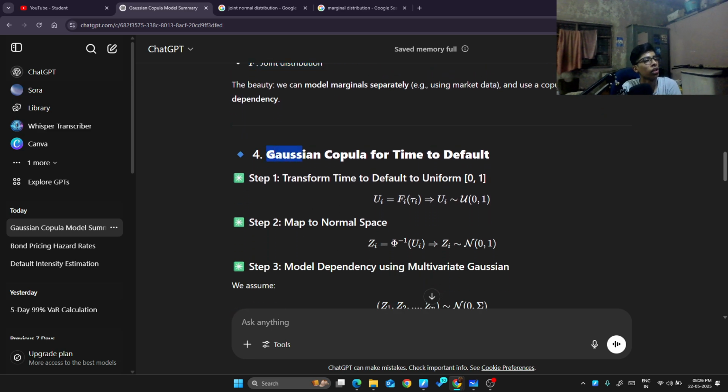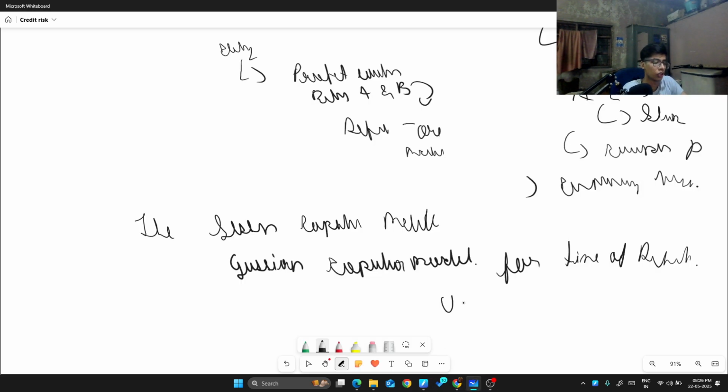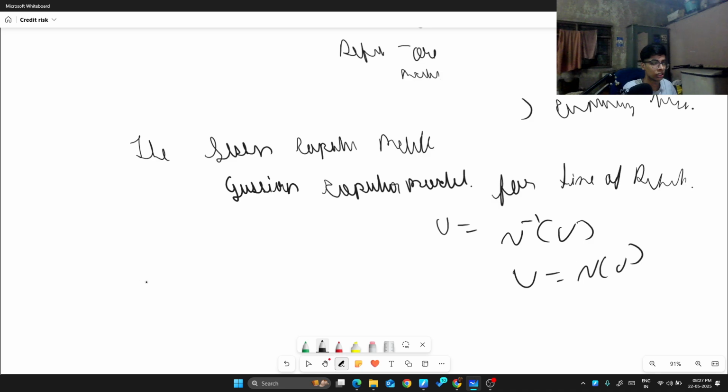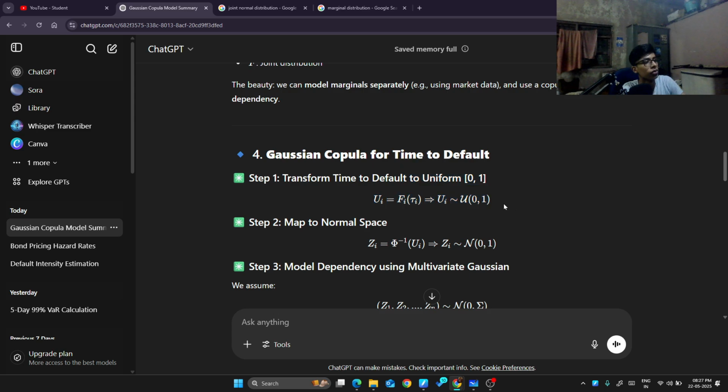And our model works like this: you have U_i, and you convert U_i into a normal distribution. The method of converting is u equal to N(v), and v equal to N inverse of u. In this way you convert the distribution into a uniform distribution.